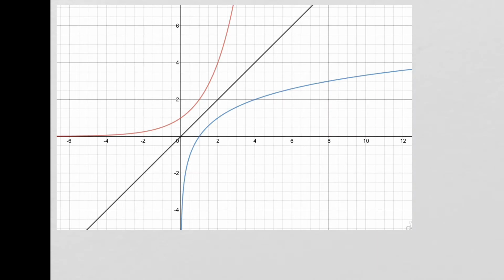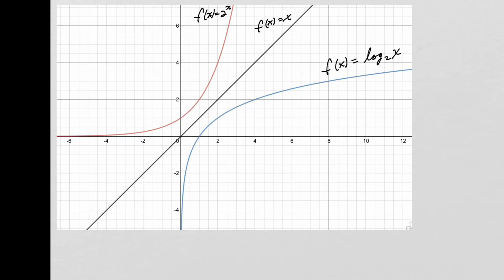So remember, this was our log function, f of x equals log base 2 of x. This was our exponential function in red. So this is 2 to the x. And then this is just the line y equals x. So they're reflections of one another. They're inverse functions, so they're going to be reflections about the line y equals x.